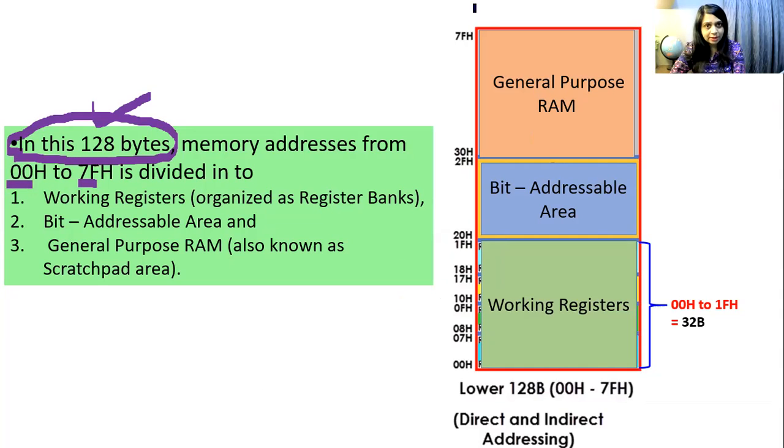You can see here, this is the complete internal RAM of 128 bytes whose address varies from 00 to 7F. If you count 00 to 7F, it becomes 128. It consists of working registers organized as register banks.